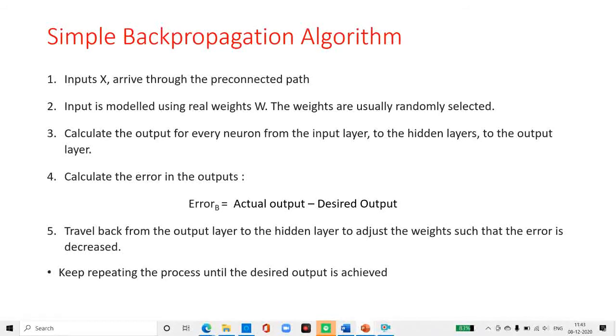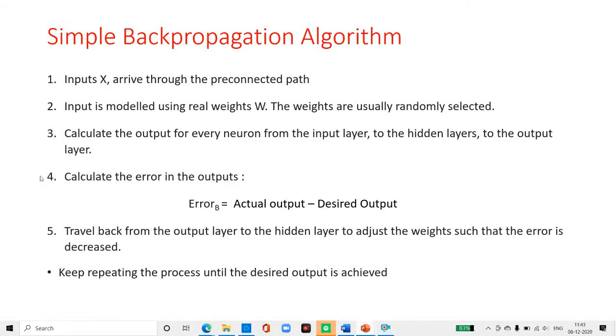So how to calculate the error? Error B, meaning error for back propagation, equals actual output minus desired output.